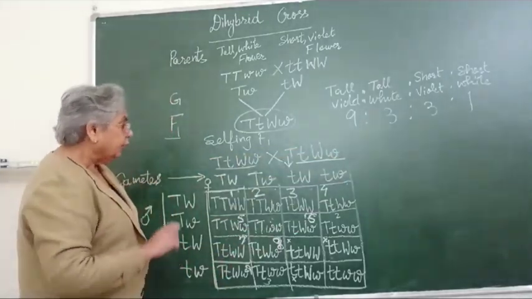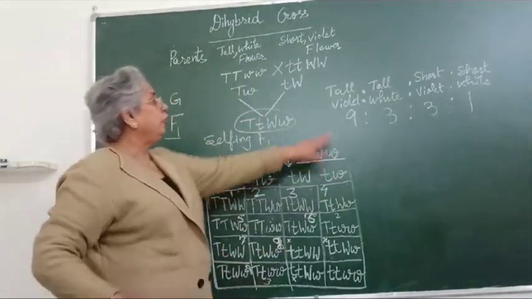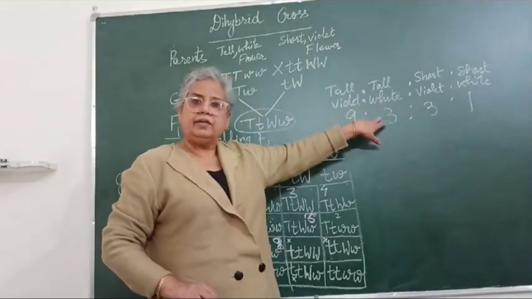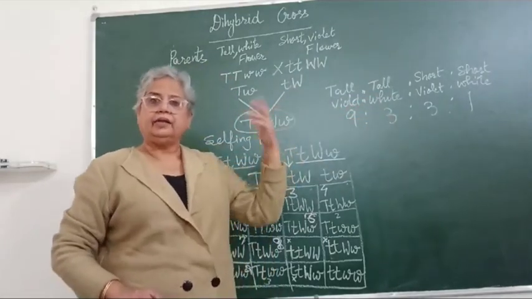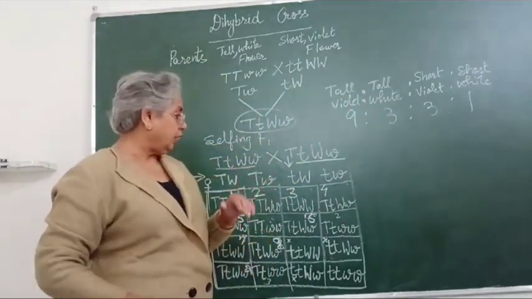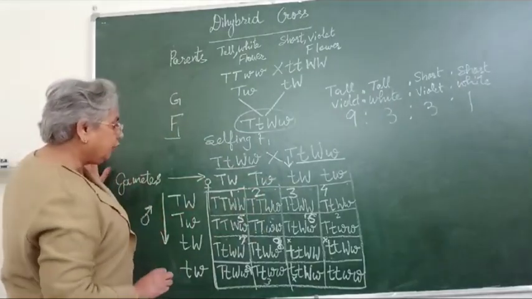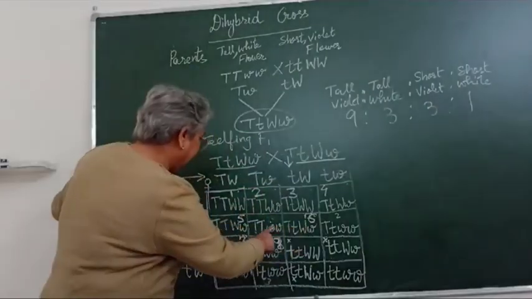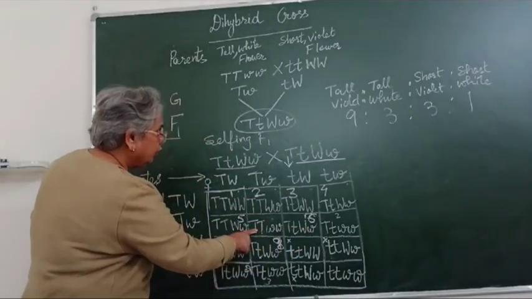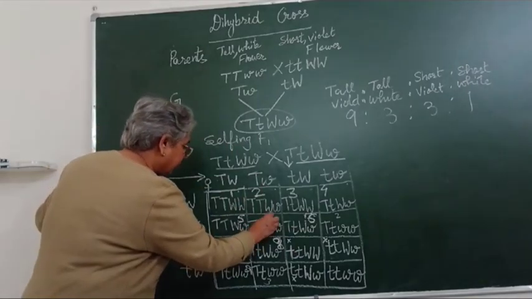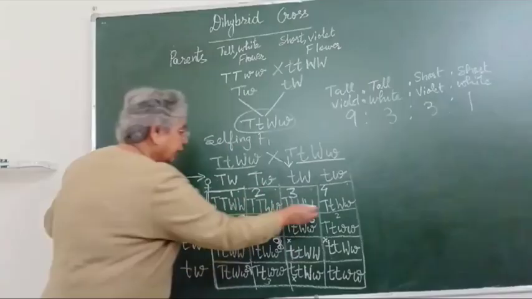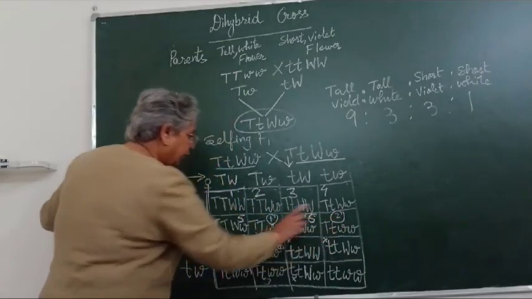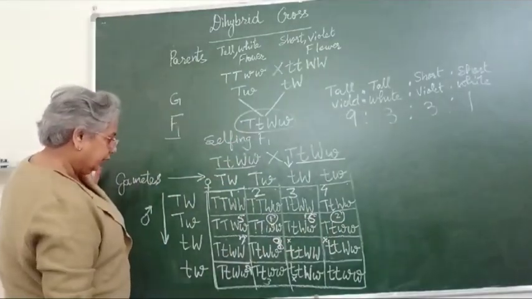Then we look for one dominant and the other recessive trait. That is, tall height is the dominant trait and the flower is of the recessive trait. So what we find is this will be tall with white flowers, number 1. Then this will also be a tall plant with white flowers, right?